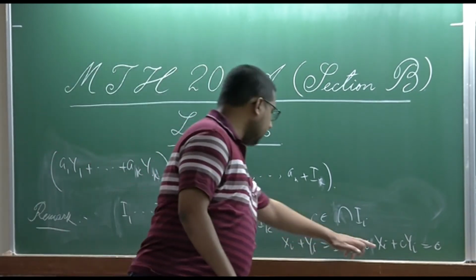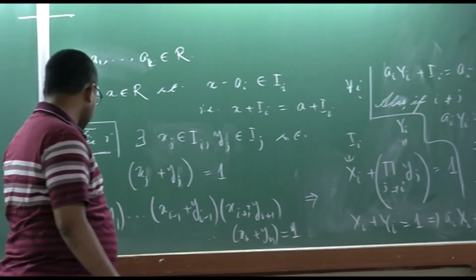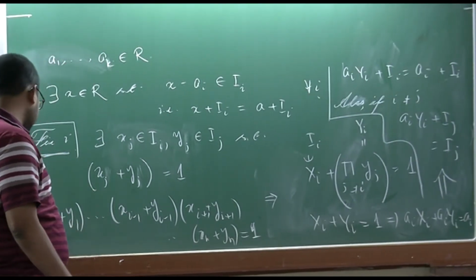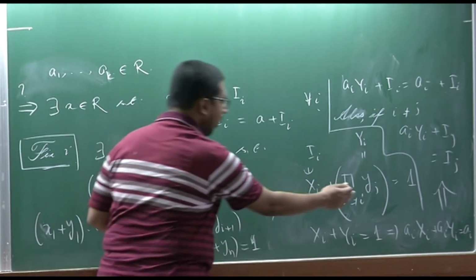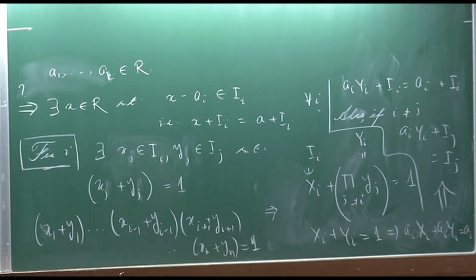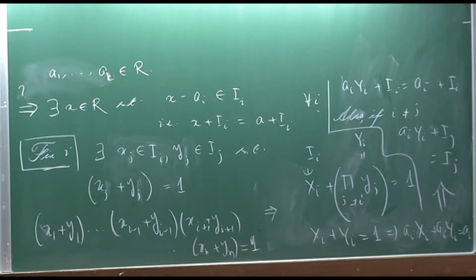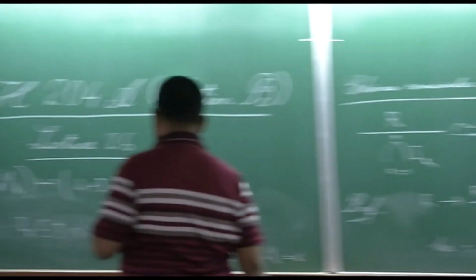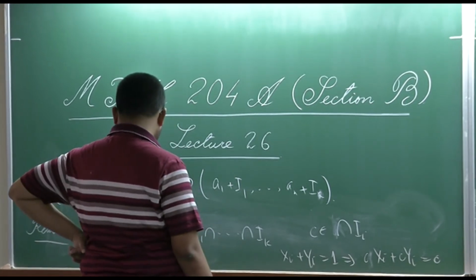Now, what is x_i? x_i is basically the product of the other terms, and y_i is the sum of all other terms. For example, all these terms are from... okay, let me try to see it.